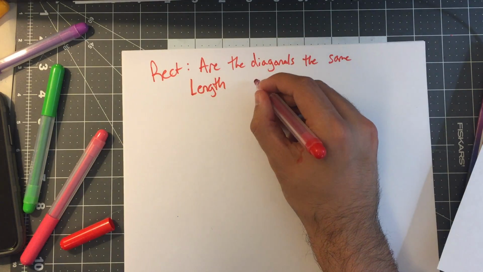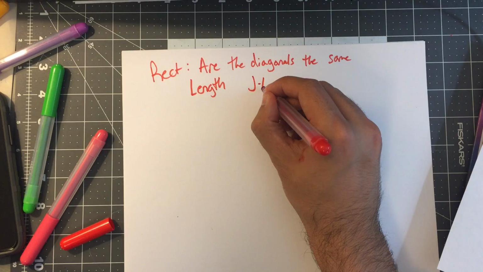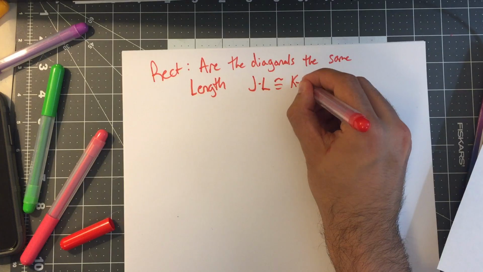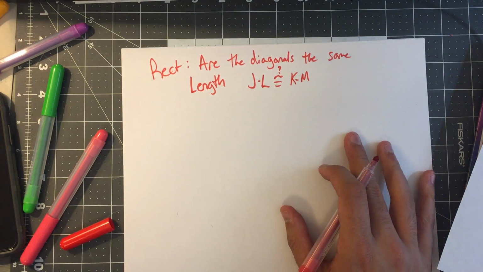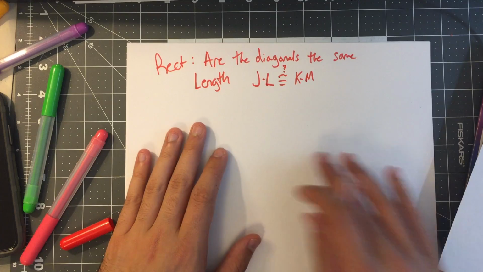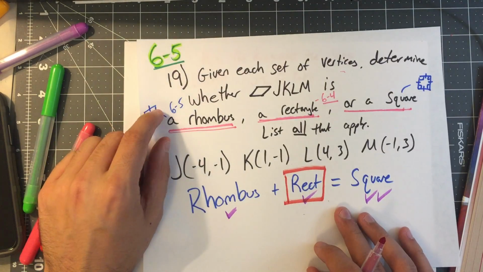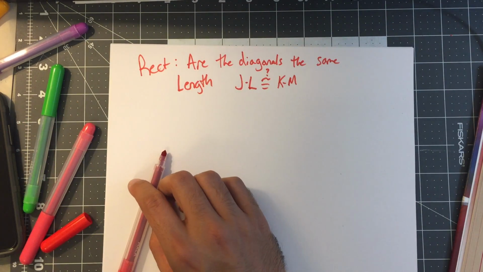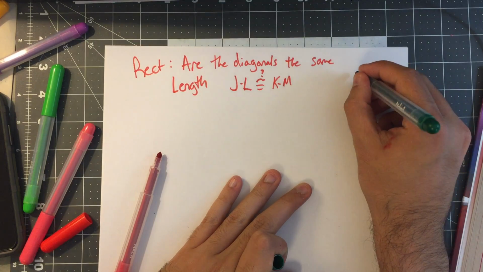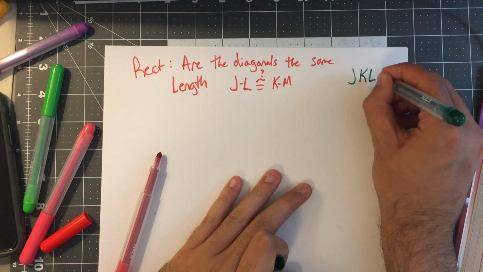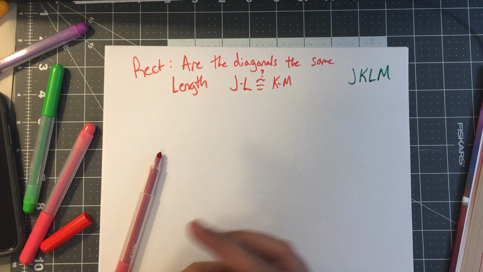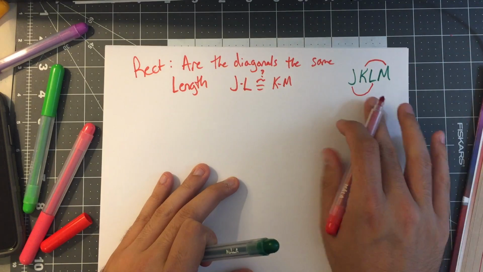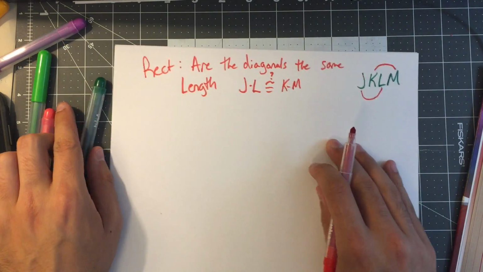So does the length of J to L match K to M? I'll put a question mark because we don't know that yet. Do those diagonals match? The reason I know those are diagonals is that if I look at JKLM, these are not touching.